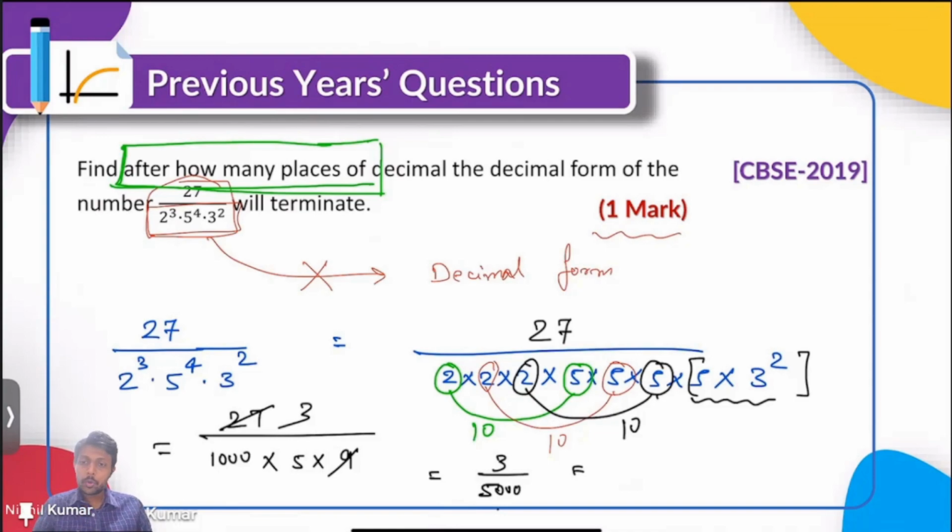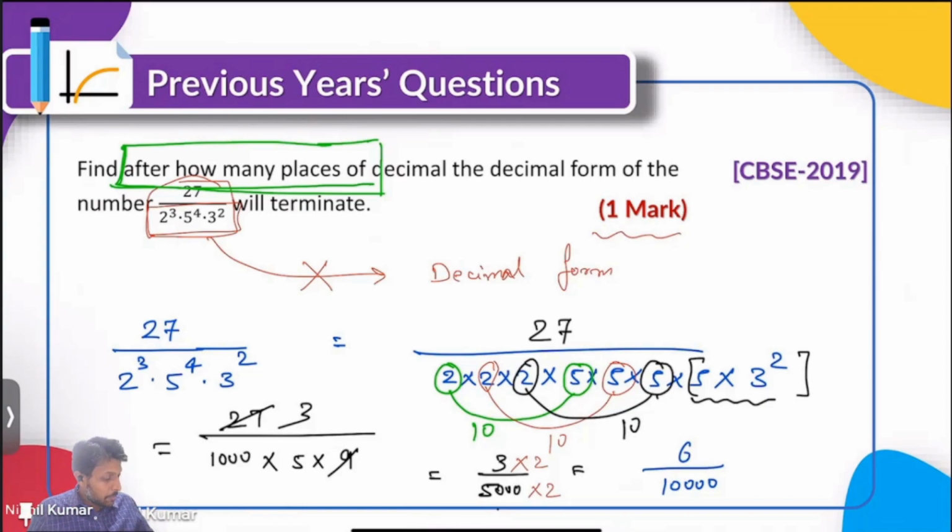So what we are going to do is, we just want powers of 10 in the denominator. So I'm going to multiply 2 here and 2 in the numerator also. No harm done, right? I can do that. So what I get next is 6 in the numerator and 10,000 in the denominator.